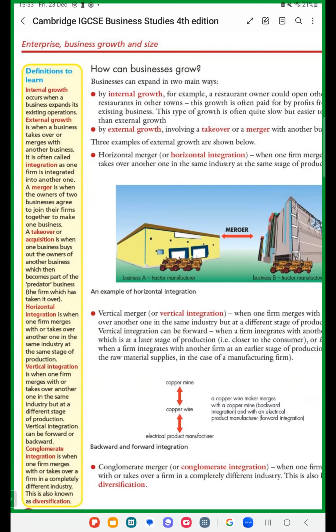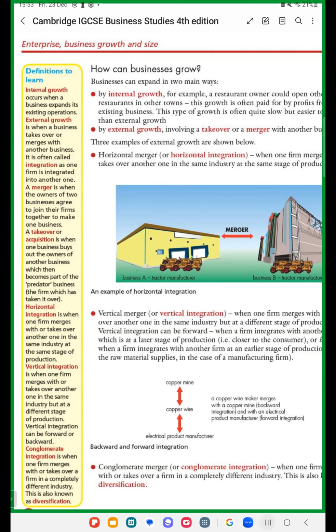Horizontal integration is when one firm merges with or takes over another one in the same industry or in the same stage of production. And vertical integration is when one firm merges with or takes over another one in the same industry but a different stage of production. It can be either forward or backward.